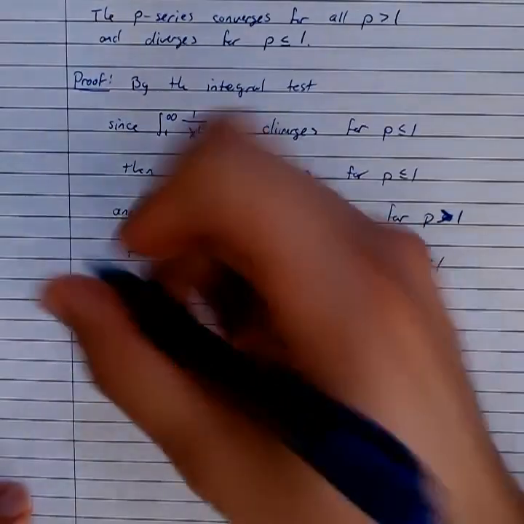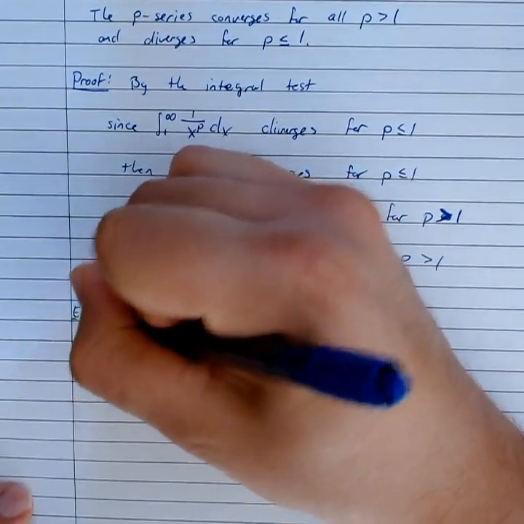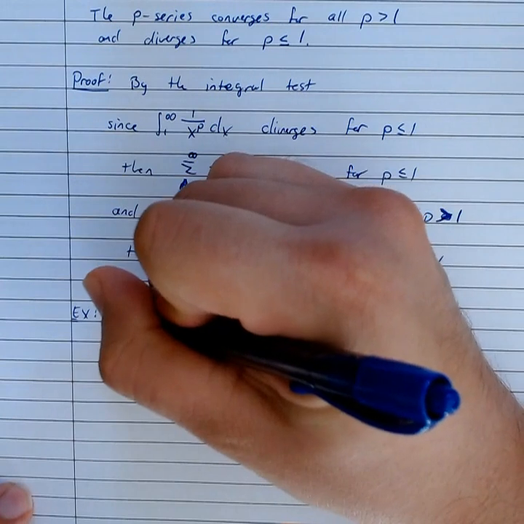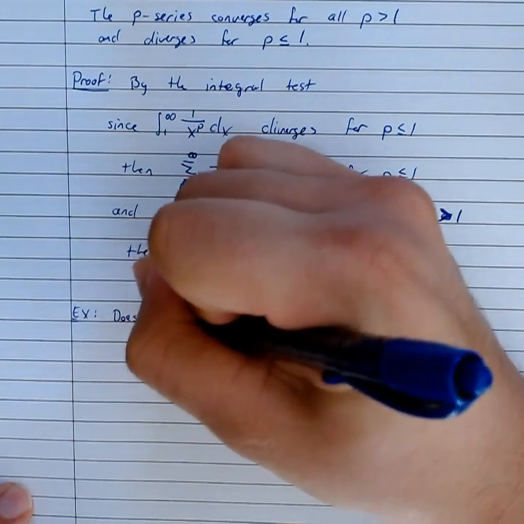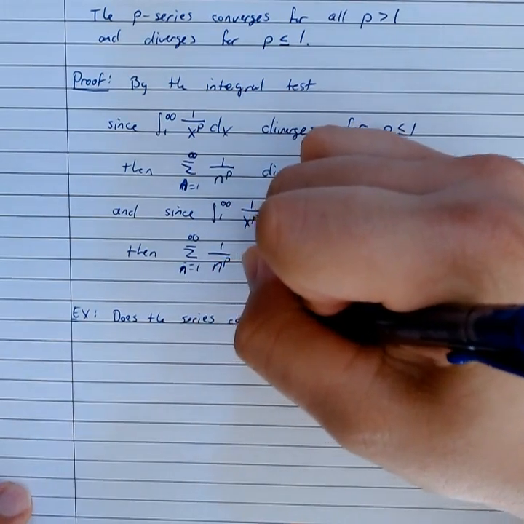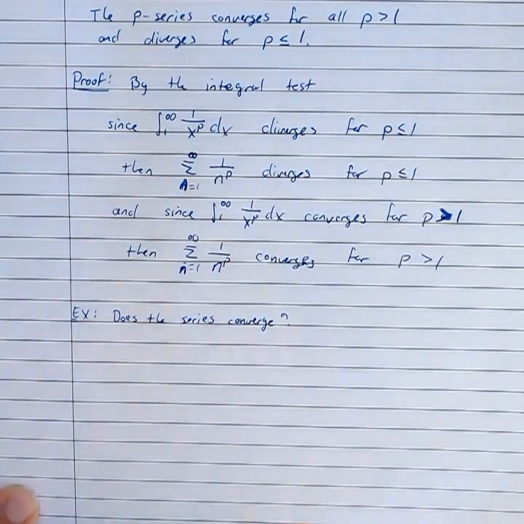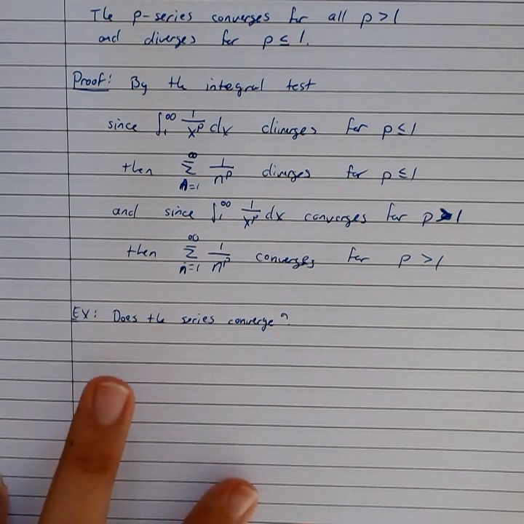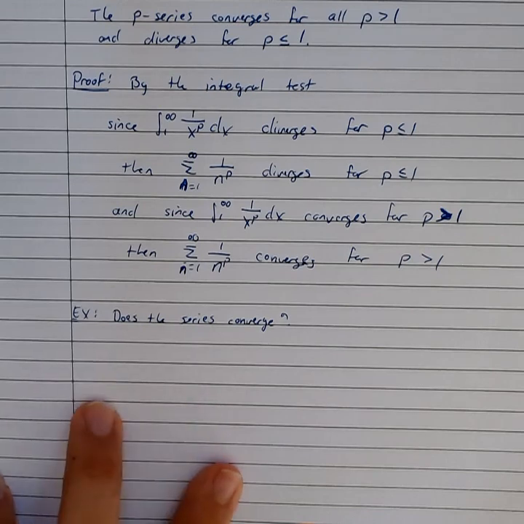So for example, a question might read, again, does the series converge? And here we're given a series, and let's have one that's not explicitly given in summation notation. Let's have one that's given out by the sum of its first several terms.